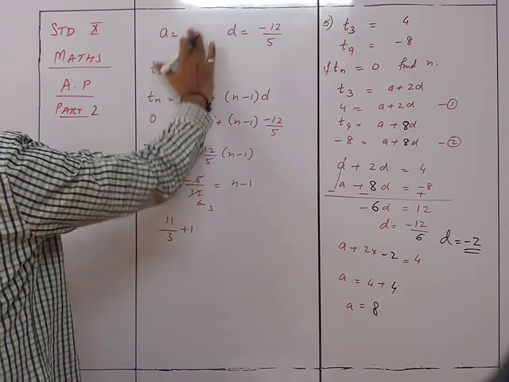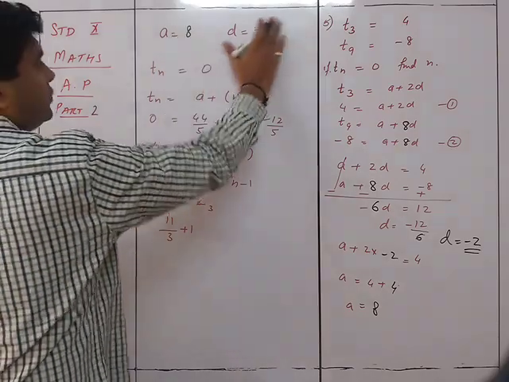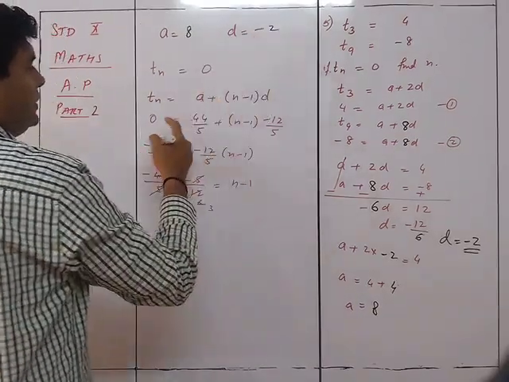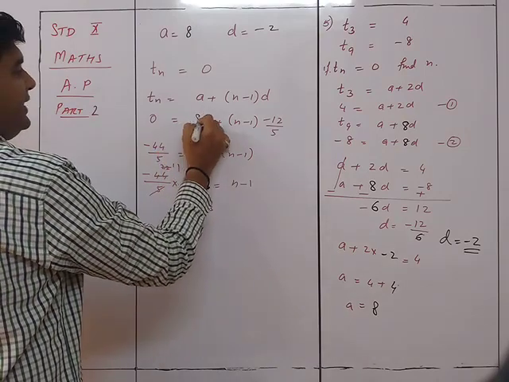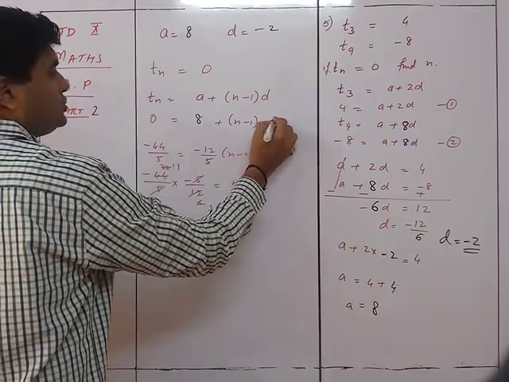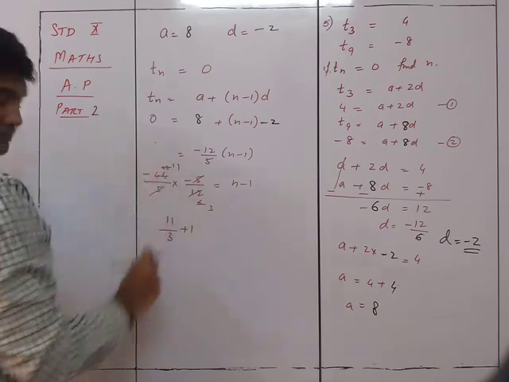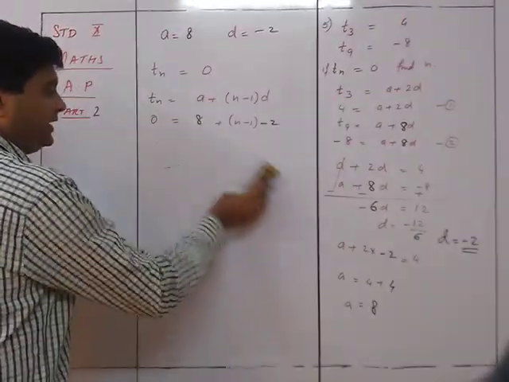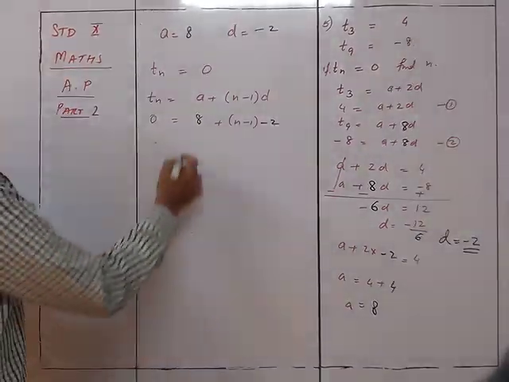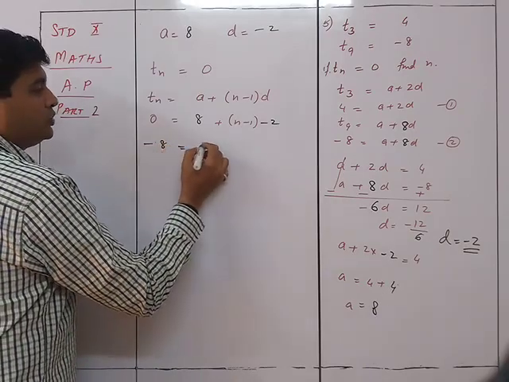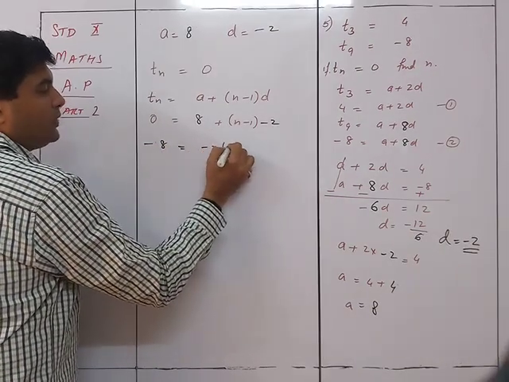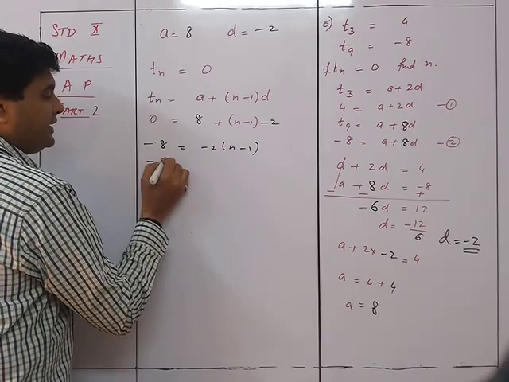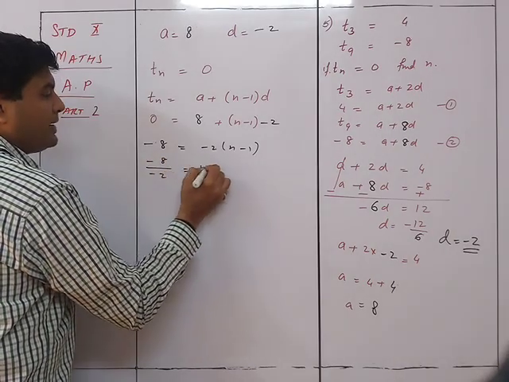Okay, so this is going to be 8, this is going to be minus 2. Accordingly, this is 8, this is minus 2. I'll erase this completely. This is minus 8 equals minus 2 into n minus 1, so it is minus 8 upon minus 2 equals n minus 1.